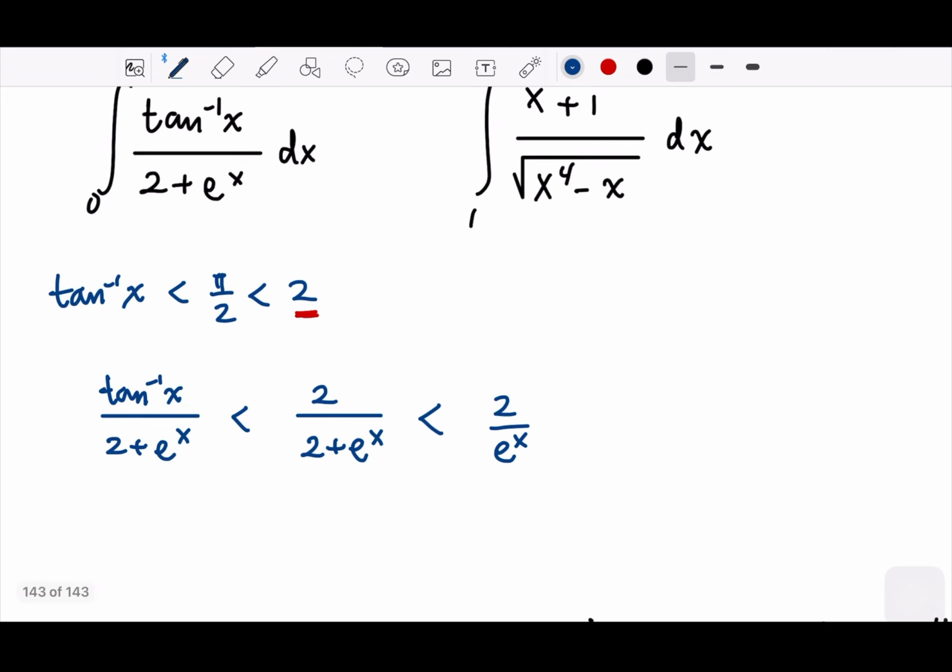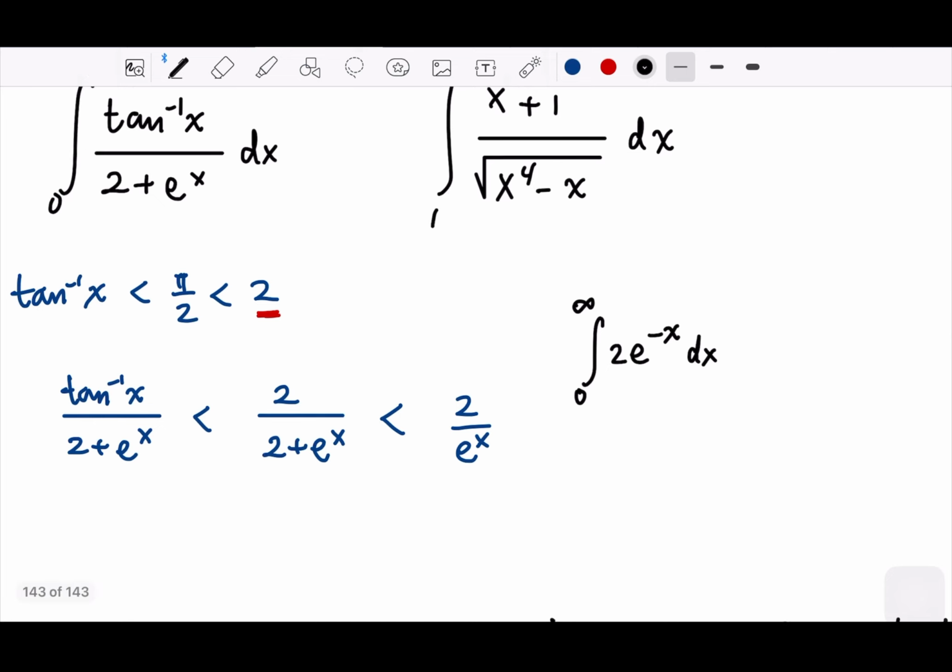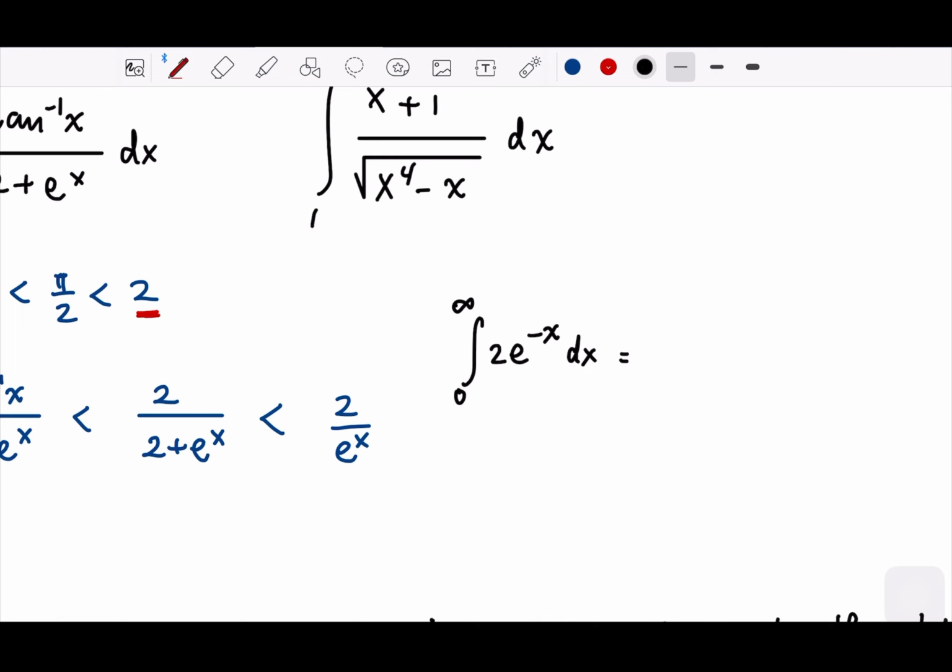So we are going to integrate from 0 to infinity of 2 e to the power of negative x dx. And of course, this will be improper, so we are going to take the limit.